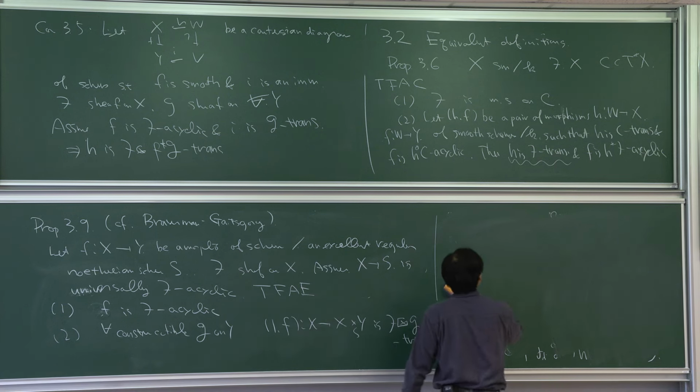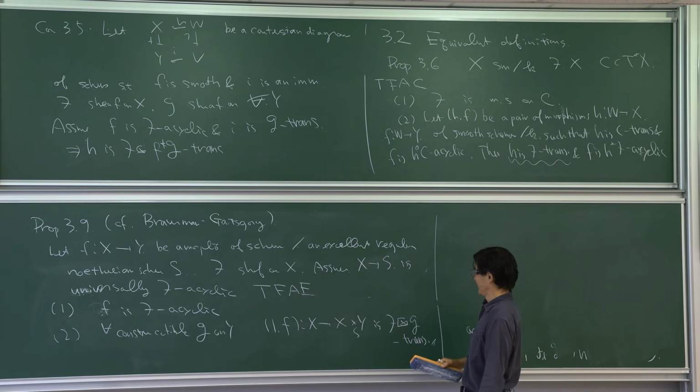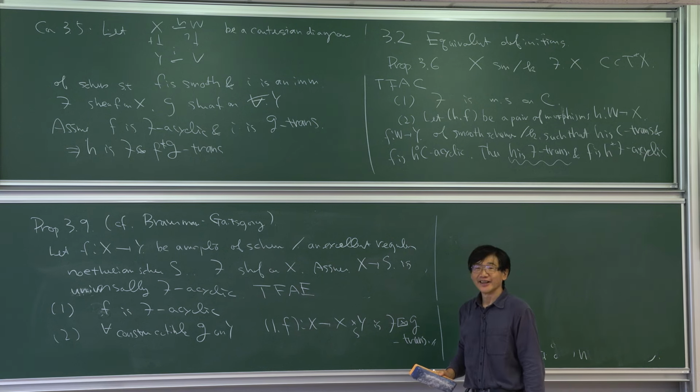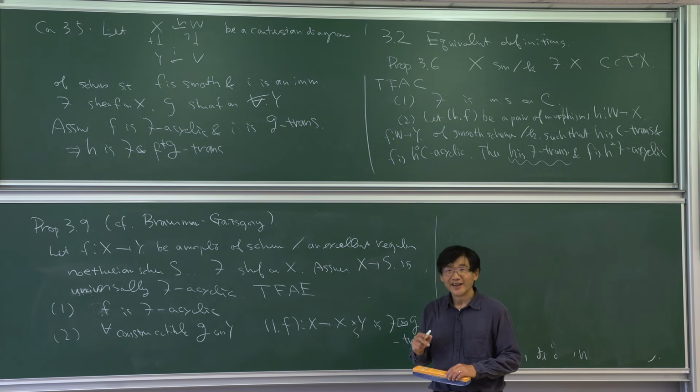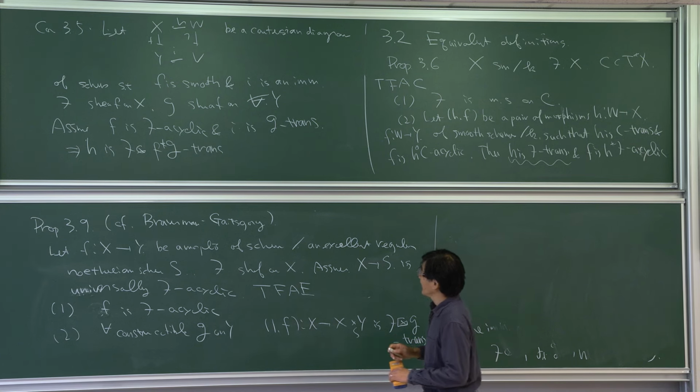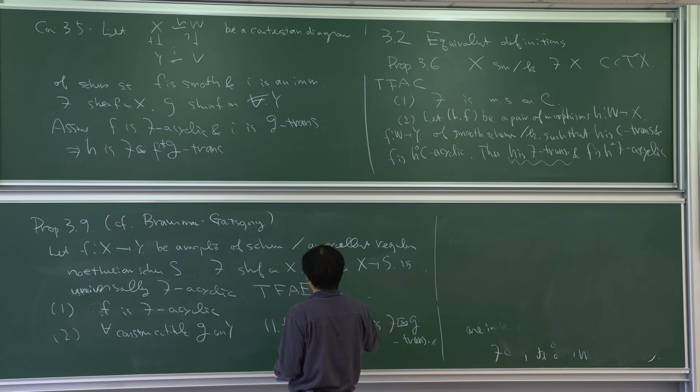So when you define transversality, it was the general notion, but you need some assumption on X and Y. X and Y are not necessarily of finite type over S. Sorry, yes, I said that X is.